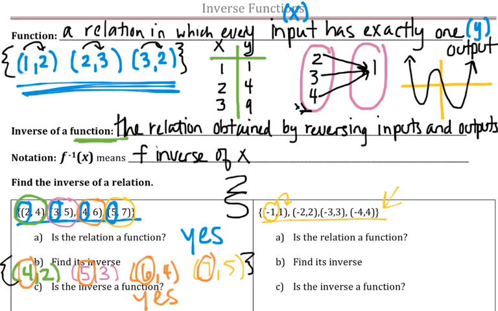It's always going to be the same thing I get out. The x's don't repeat. This is a function. When you reverse the order and you put the 1 first and the -1 second and the 2 first and the -2 second, was the inverse a function? Yes. Because even when I reverse the order, my inputs will always go to the same output.